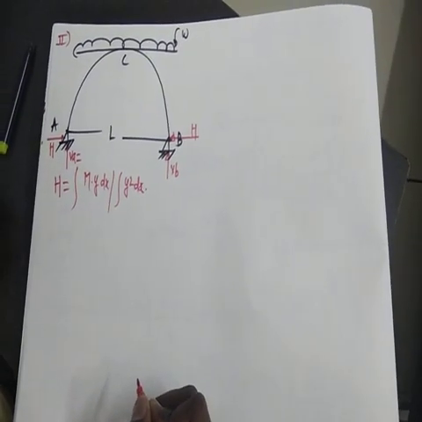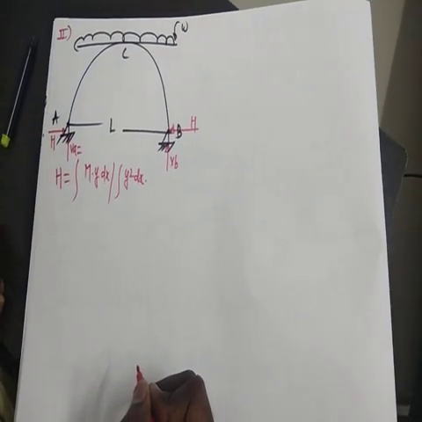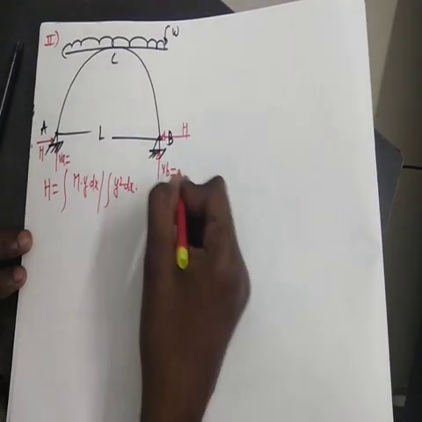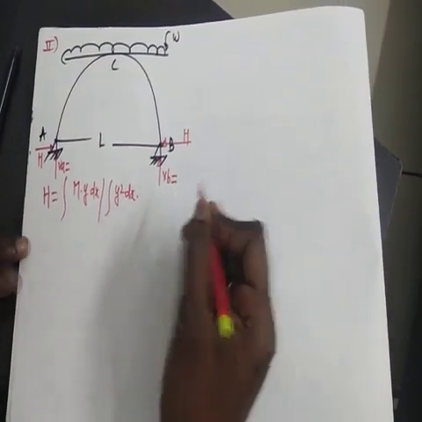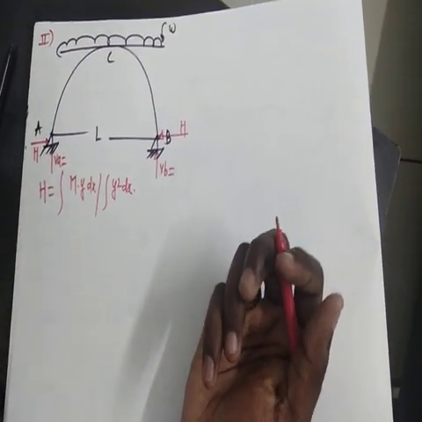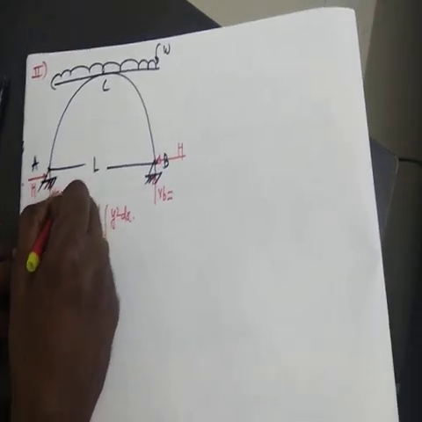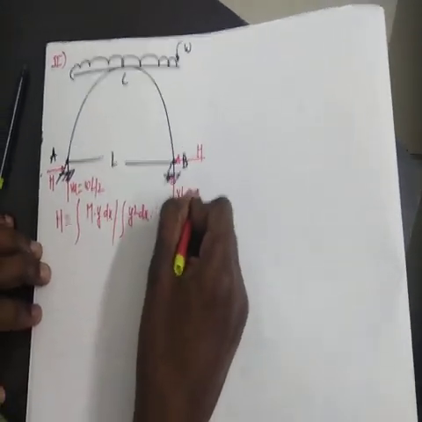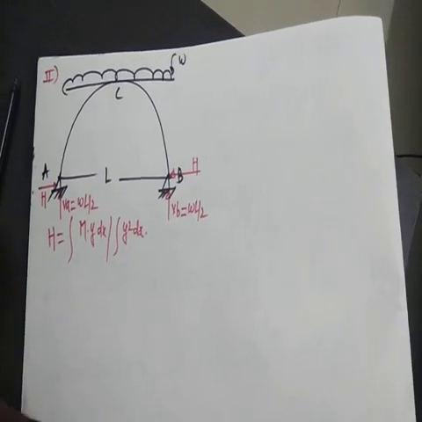The loading is symmetrical, a standard case, so the vertical reactions can be found as for a simply supported beam subjected to UDL. The reaction will be WL by 2 at each support, so directly you can write.